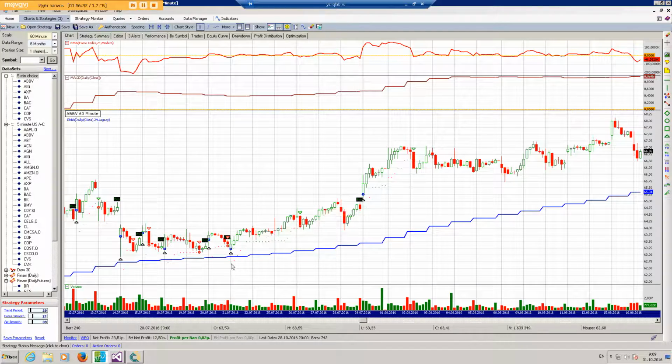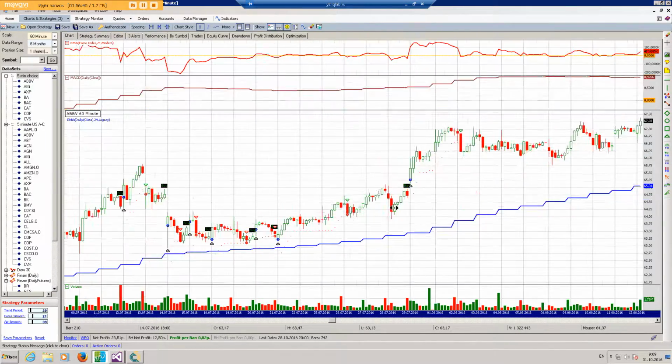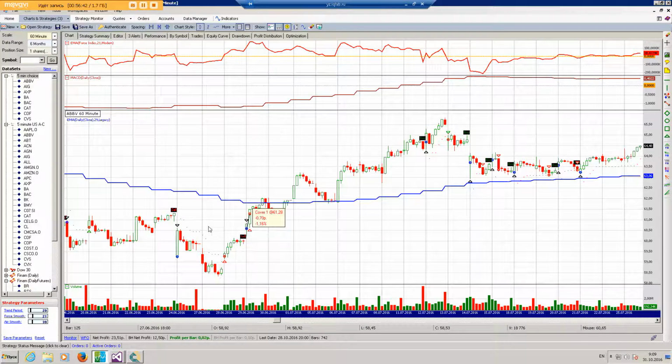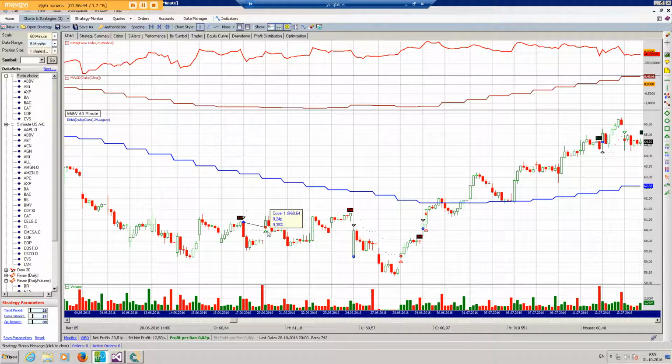Yeah, so it's placing it quite nicely. Okay, so I would say there is more work to do with this system, but as I've promised, this series turns out to be 30 minutes to 1 hour for a trading system.